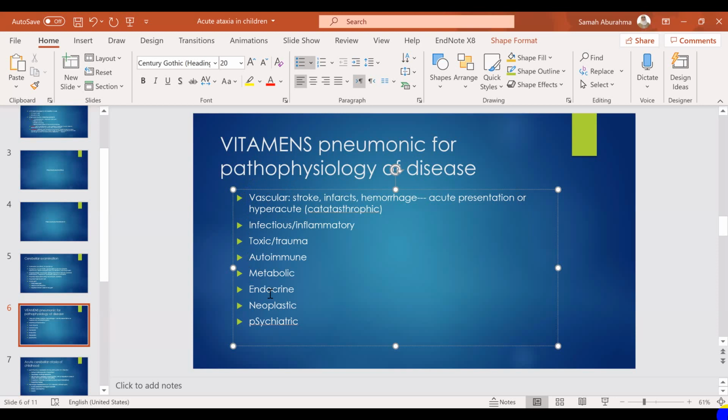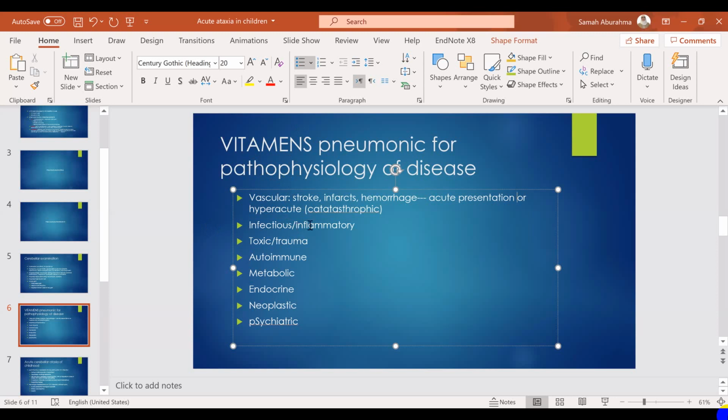You will have an acute presentation if you have, for example, a renal stroke. If you have a pulmonary hemorrhage, right? So vascular insults are usually acute. We do not think of vascular insults if you have someone with a presentation over a week. Right? But a presentation over a few hours or minutes makes you think of a vascular pathophysiology.